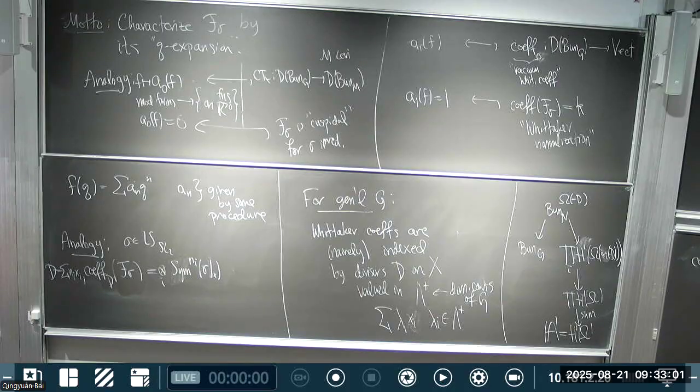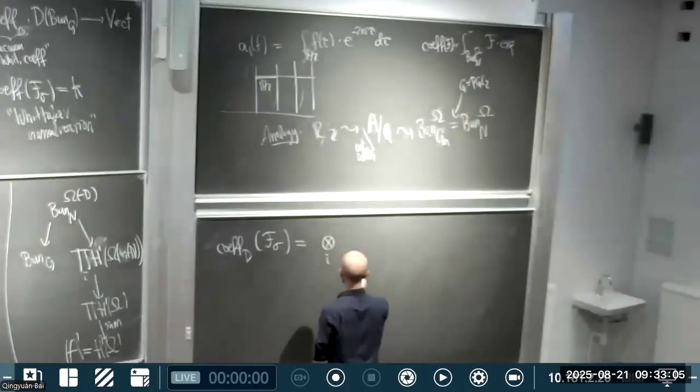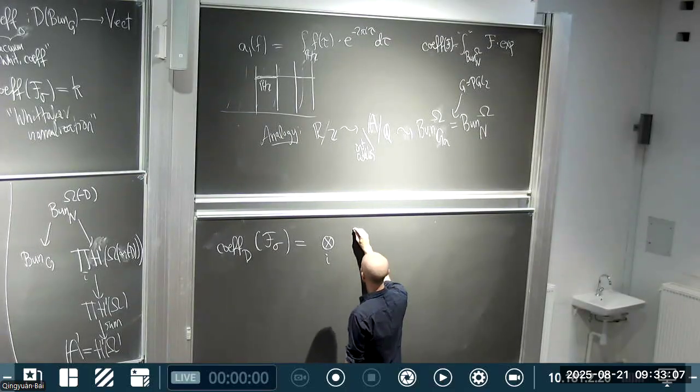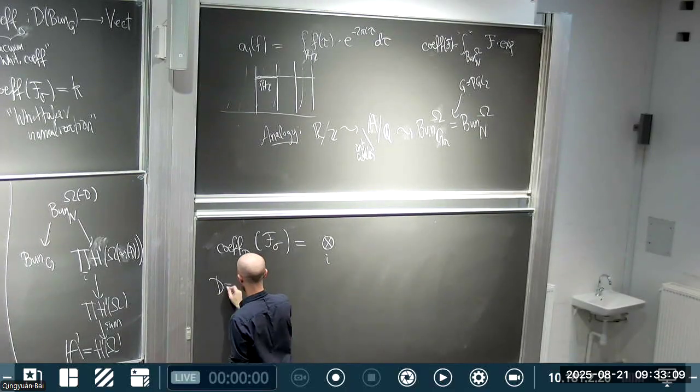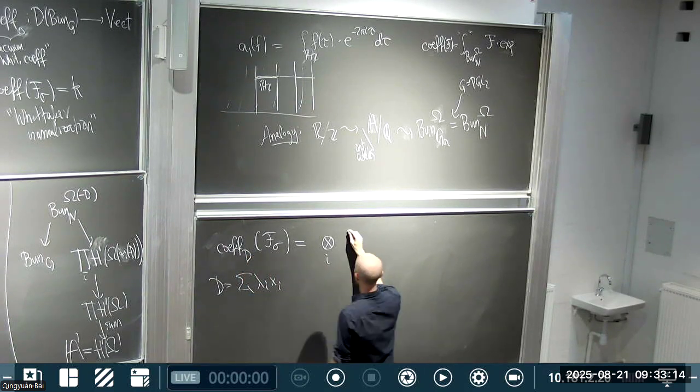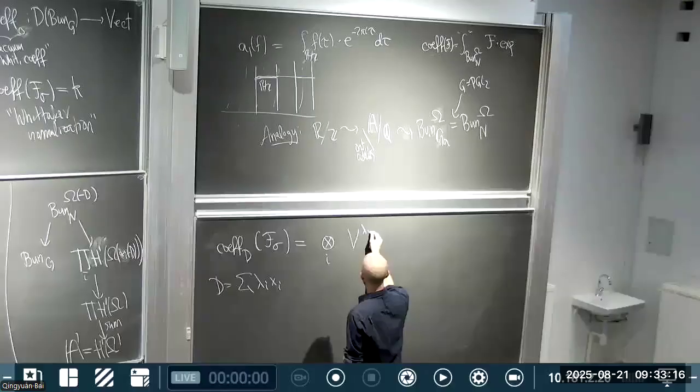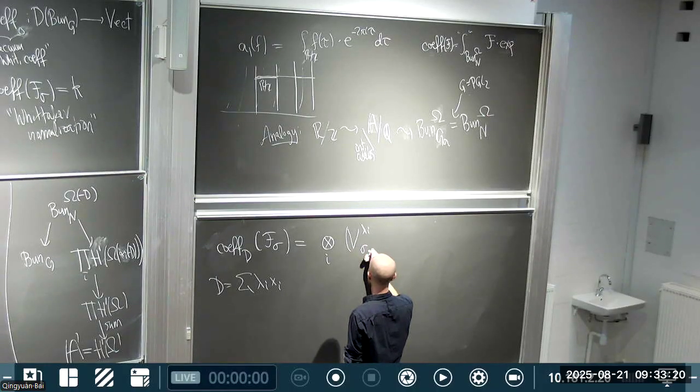Okay, so the corresponding formula here is that it's going to be the tensor product over these i's of, so here my divisor d, let's say I write it as lambda_i x_i, I'm going to take this V lambda_i twisted by sigma, the fiber of sigma at this point x_i.